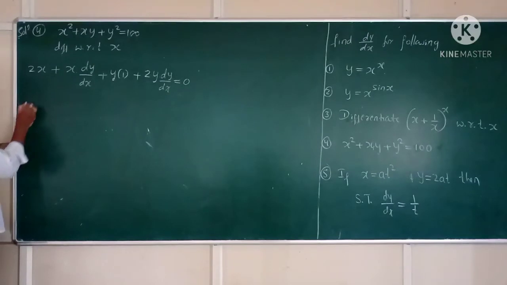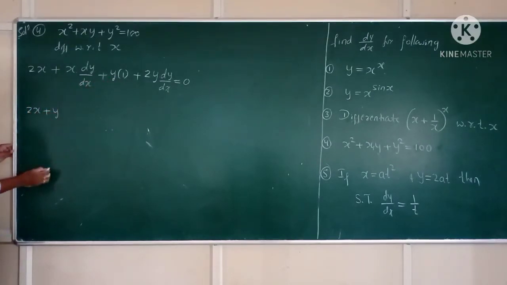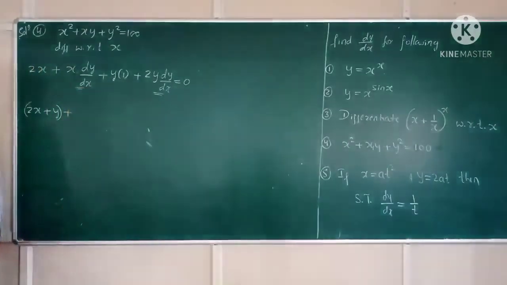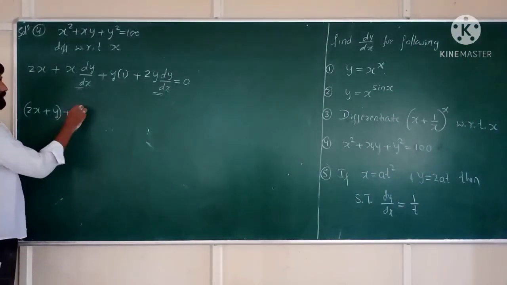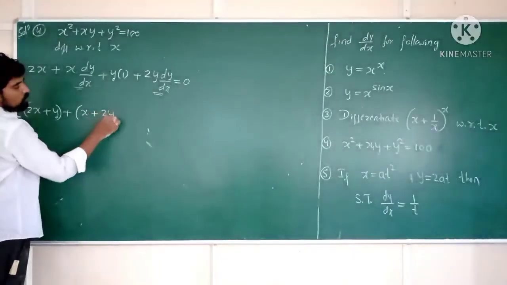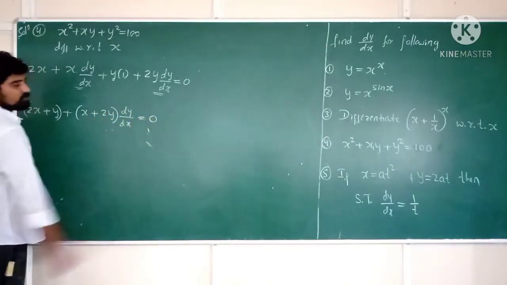And now, 2x plus y into 1 is y, plus in between these two terms we may take dy by dx as common. So therefore here x remains, plus here 2y remains, into dy by dx is equal to 0.